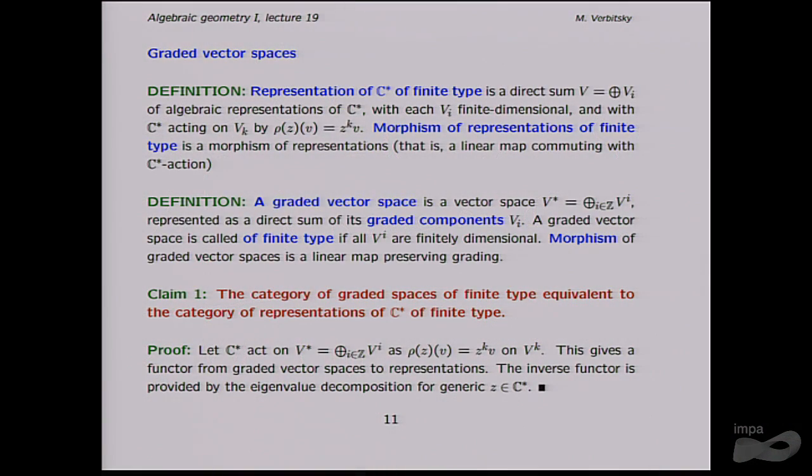Now I'm going to tell you the important results, its important trivial result. But it really simplifies the thinking. And the idea is that graded spaces are the same as spaces with C star action.